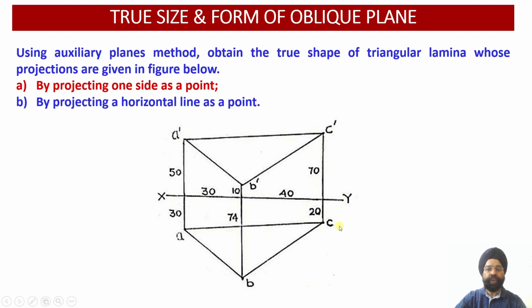To obtain the true shape using the auxiliary plane method, first of all we will draw the given projections of the lamina onto our drawing sheet. After that, I'll give you the sequence in which we are going to proceed.